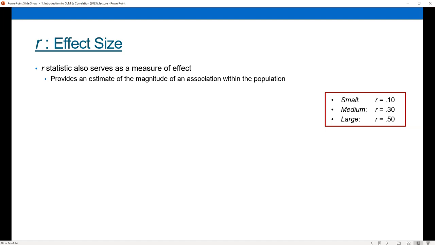And we might make a big deal about that. So use these as guidelines, but always have in your interpretations some additional justification and consideration of what the context is. It's fine to talk about this, but never just tell me, oh, it's a small effect, a large effect, without thinking more carefully about things.